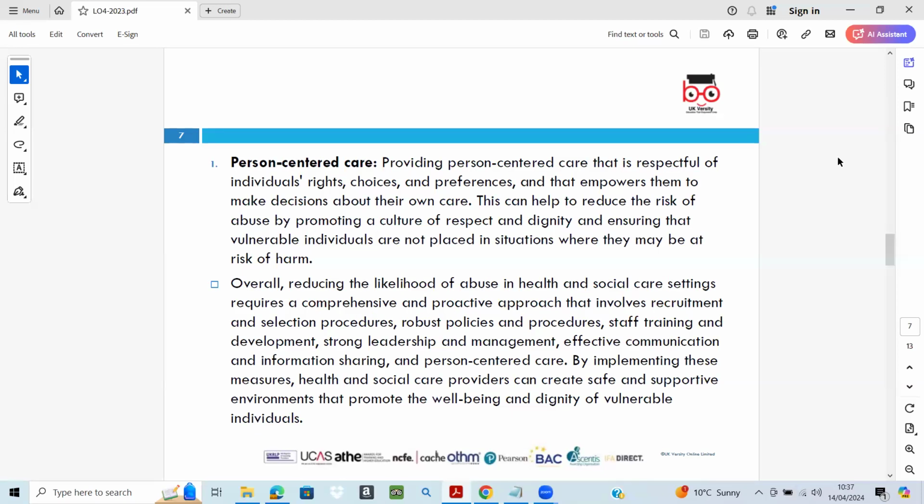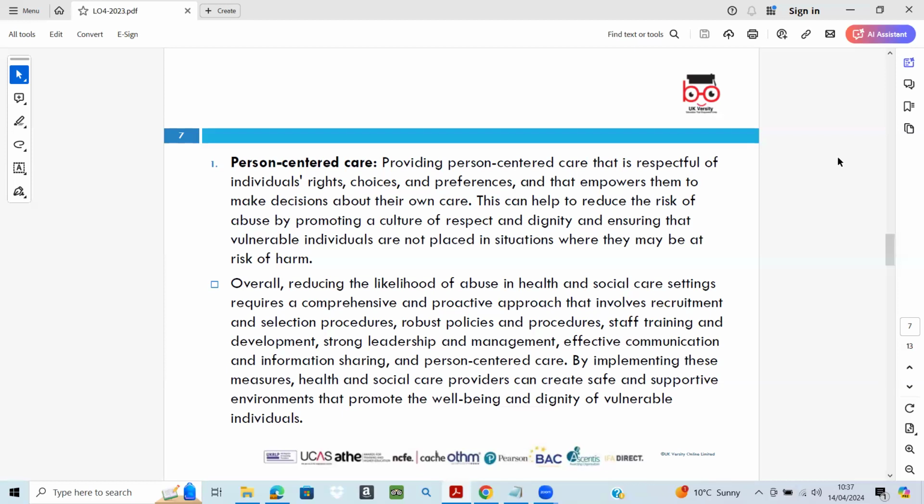Then we have person-centered care. I always say that person-centered care is very, very important for us. It's very vital in the field of the health and social care industry. Whatever we do, we try to follow the person-centered approach.